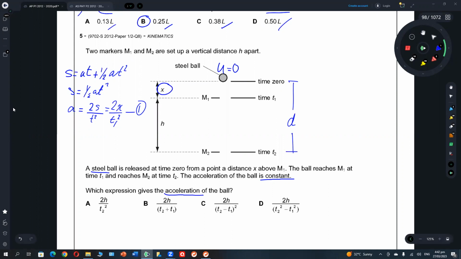Let's make the whole distance as D. Can you tell me why I am not taking H directly? If I take H, I will have to get another value for the position of M1. That would be a problem for me.